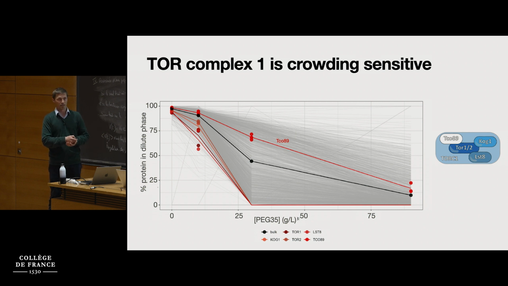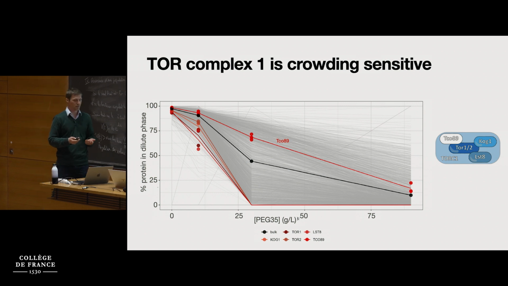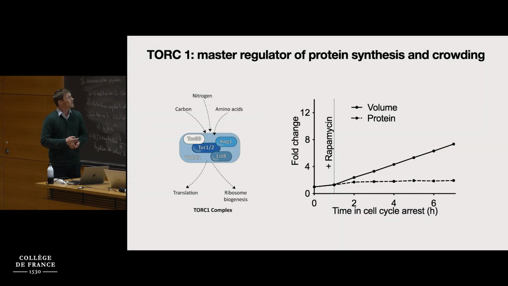It's not quite clear yet what it's doing. Some people say it's part of TOR complex 1, some people say it's not. It's probably associated with one form of active TOR complex 1. But apart from this, all other members of the TOR complex behave in such a crowding-sensitive way.